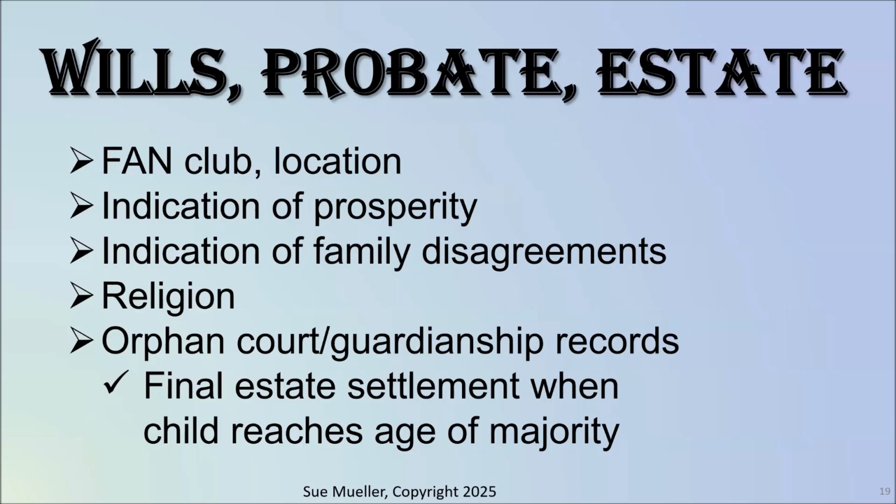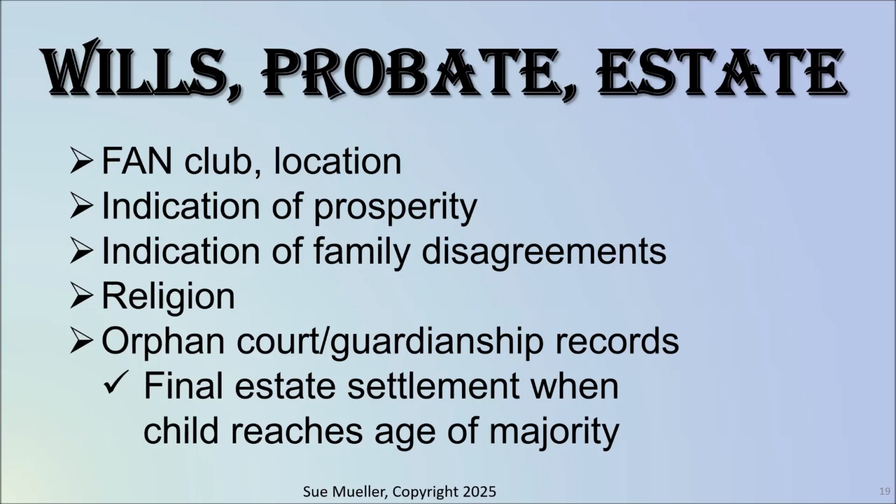So all of the land records and the wills and probate and estate records may indicate family disagreements. My great grandfather's will says that to my son Erwin, by the way, who's my direct line, I leave nothing because I've already given him enough.